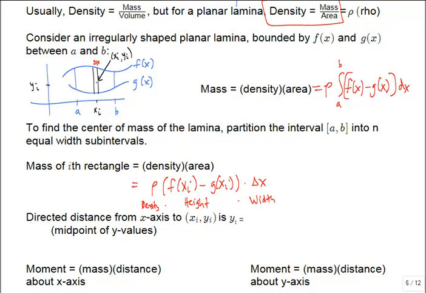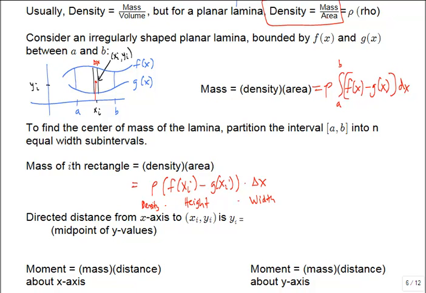Now, what would be the distance of that away from the x-axis? Remember, to find a center of mass, you need a mass times a distance. We've just figured out what the mass is going to be. Now we need to figure out what the directed distance is going to be from the x-axis. If you think about this slice, there's a point right in the middle that is going to represent sort of the center of that slice, and we want to know how far that point is away from the x-axis.